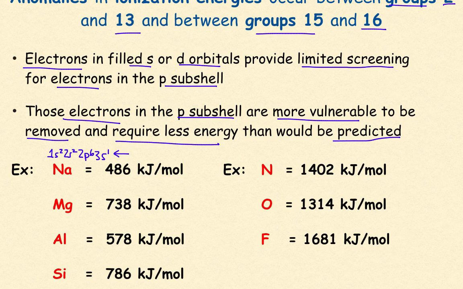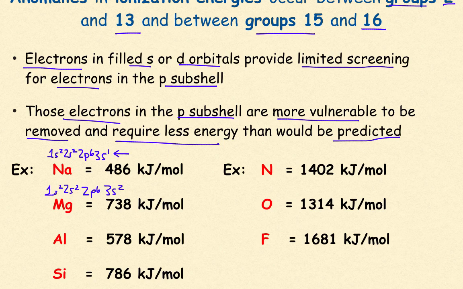But when you go to magnesium, the electron configuration is 1s2, 2s2, 2p6, 3s2. Now we have that filled orbital for that s sublevel. It's going to be difficult to remove an electron from that filled orbital. Now, one might predict that aluminum would have a higher ionization energy, but that's not the case.